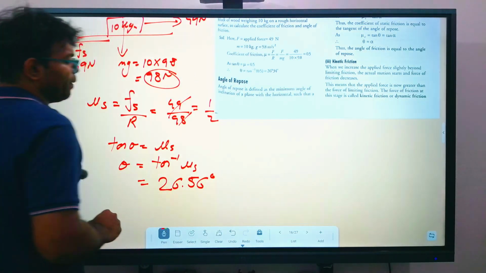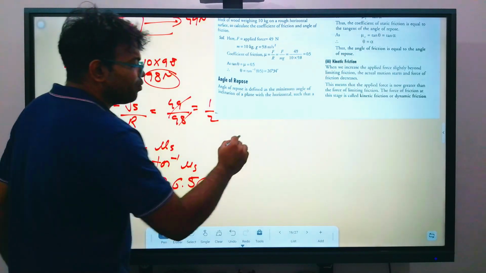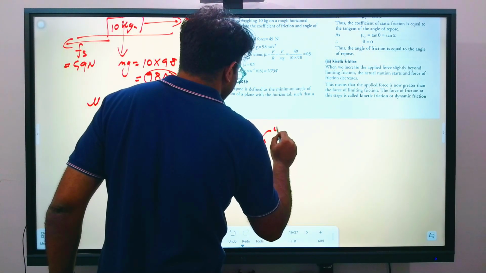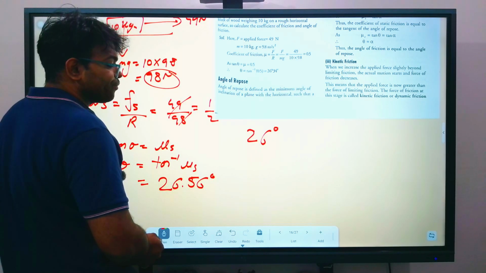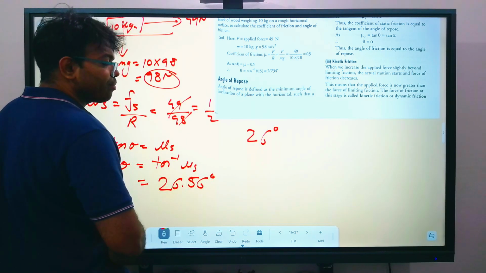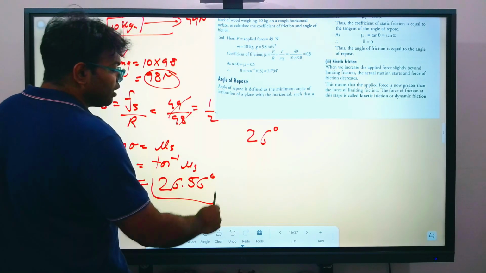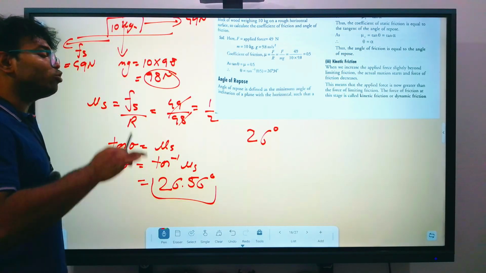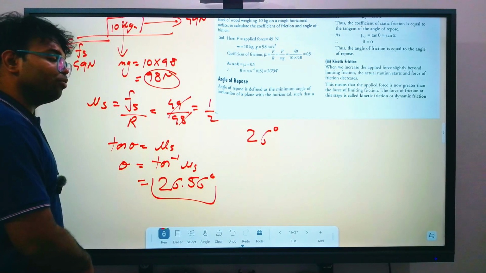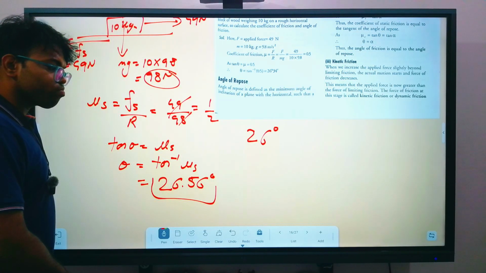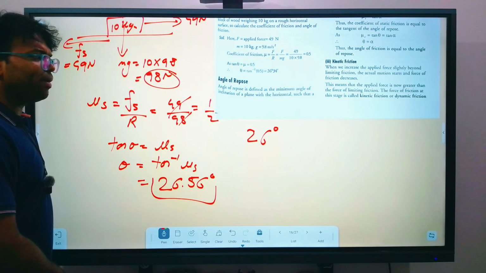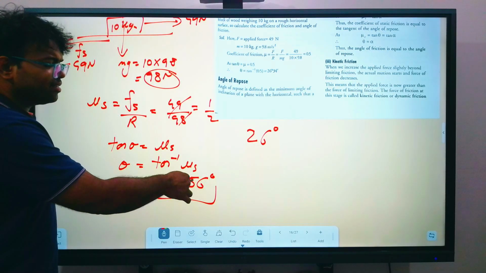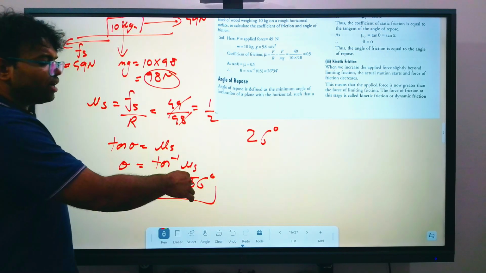26.56 degrees. Okay, if you want to convert this into degrees and minutes, what will you do? You have 26 degrees, and for the 0.56 you have to convert the degrees into minutes.